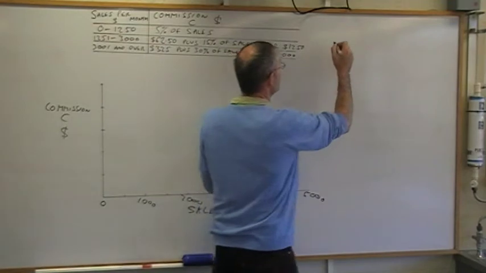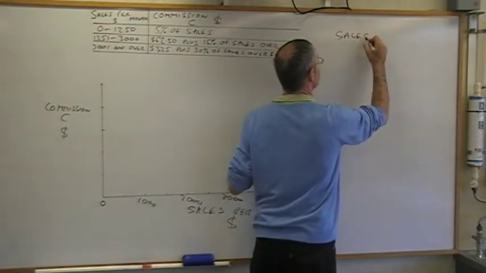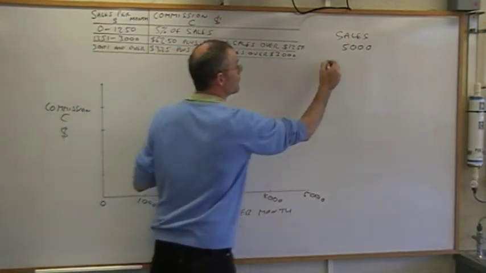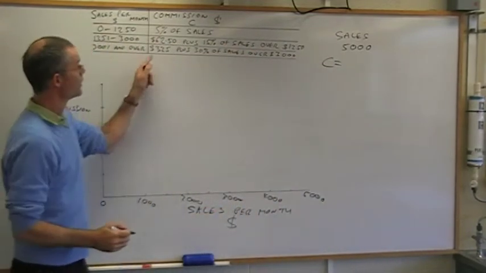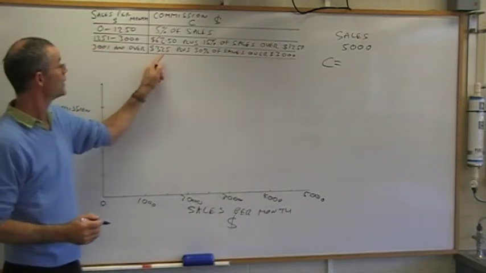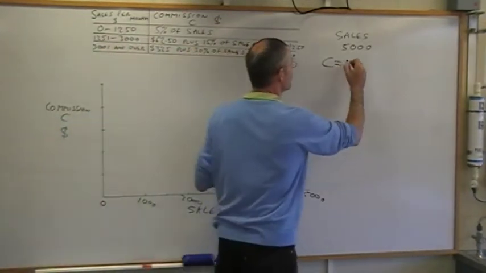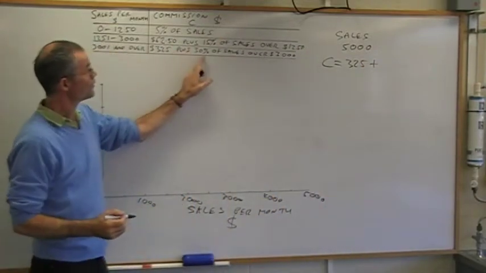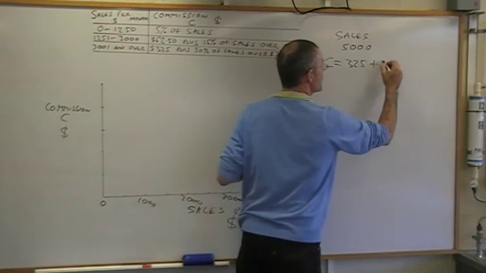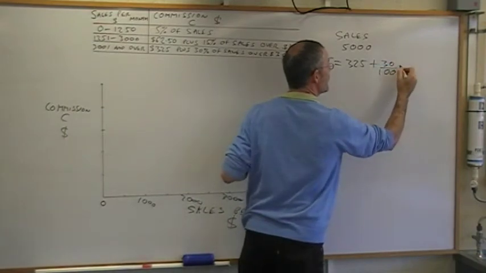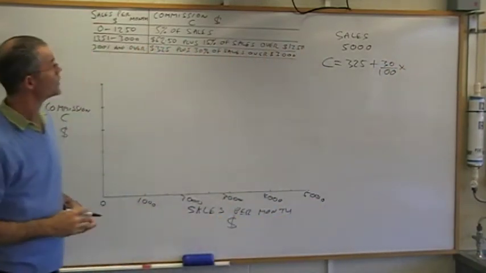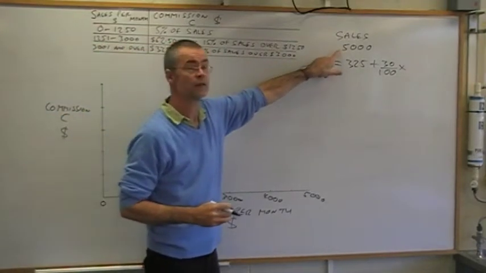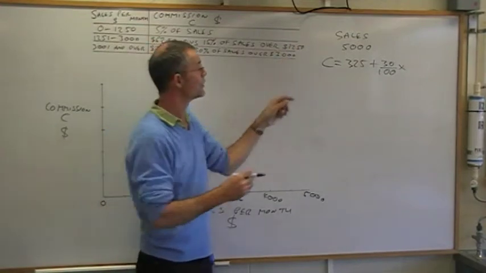So I've got sales of 5,000. And then my commission is going to be, well, you just follow these instructions here exactly. So it's 325 plus 30% of sales over 3,000. Well, at 5,000, that's 2,000 over 3,000.